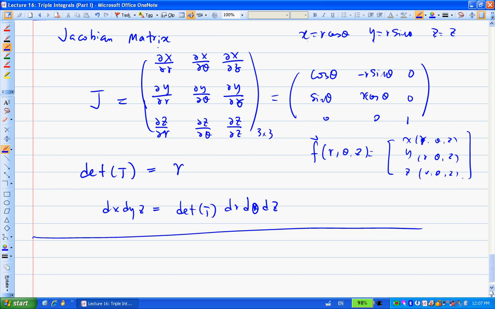So what happens when this matrix has only one row? What's this? We learned that's del, the gradient. That's the gradient of the function x here.